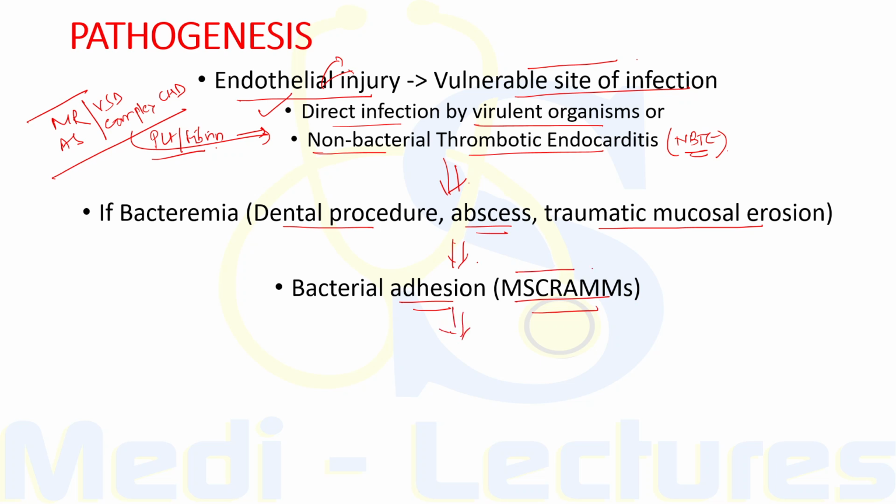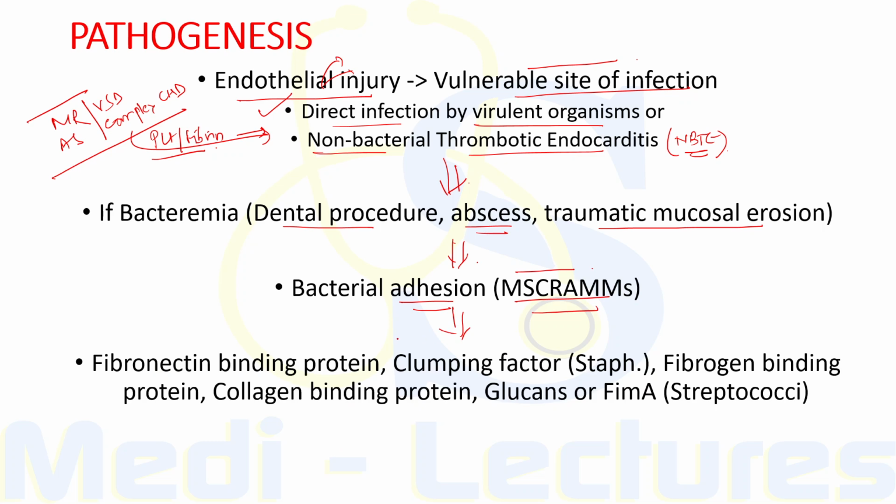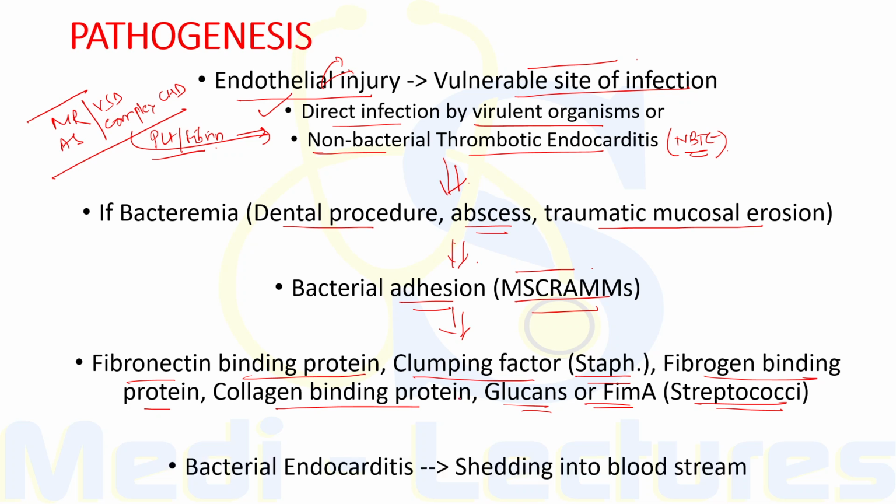Now, adhesion is further facilitated by certain proteins on different bacteria like fibronectin binding protein, clumping factor which is present on Staphylococcus, fibrinogen binding protein, collagen binding protein, glucans or FimA which is present on Streptococcus. Adherent organisms proliferate and form infected vegetations, that is, they will form bacterial endocarditis. This non-bacterial endocarditis now becomes infected to form bacterial endocarditis, and there will be continuous shedding of this vegetation into the bloodstream.